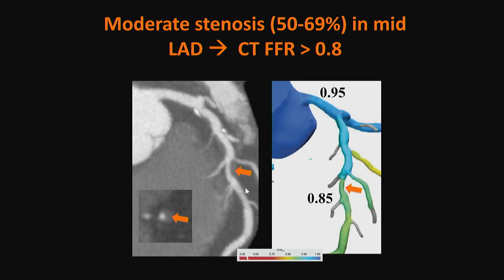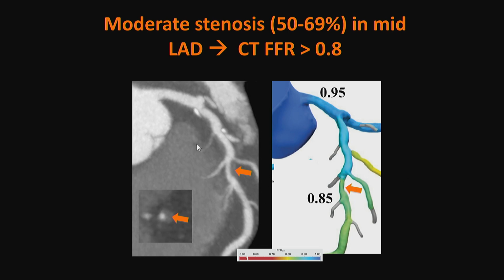Now, another possible option, if we see a patient who has a moderate stenosis, that I think we may see more of in the future, is to perform what's called CT FFR. This is a technique where we use computational fluid dynamics to estimate, based on the resting CTA images, what the FFR is at this particular location, without giving any vasodilators.